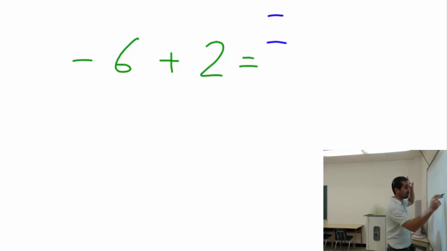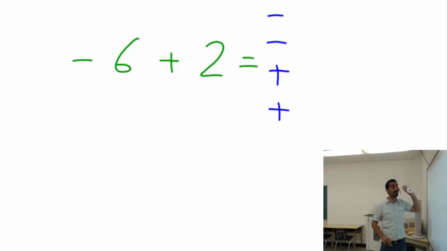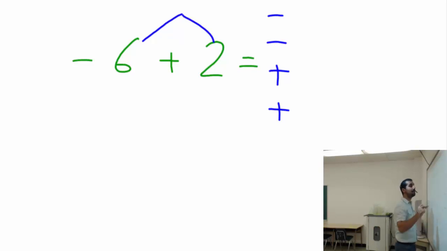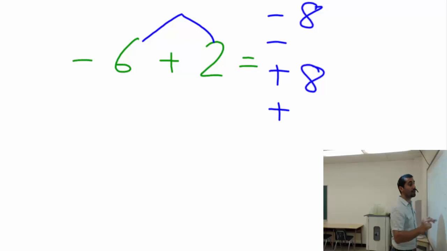Number three, it could be a positive number, it could be another positive number. So there are four possible answers here, and you will either end up adding 6 and 2 and say 8, or subtracting 6 and 2 and say 4.